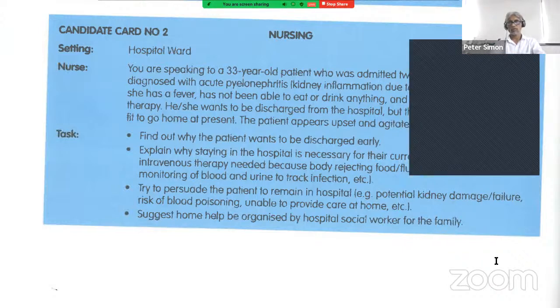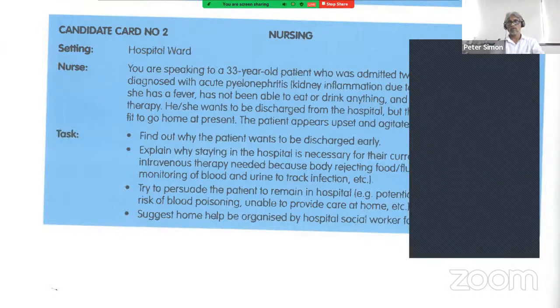Shall we learn some sentences, quality sentences, or B, shall we do one role play each?